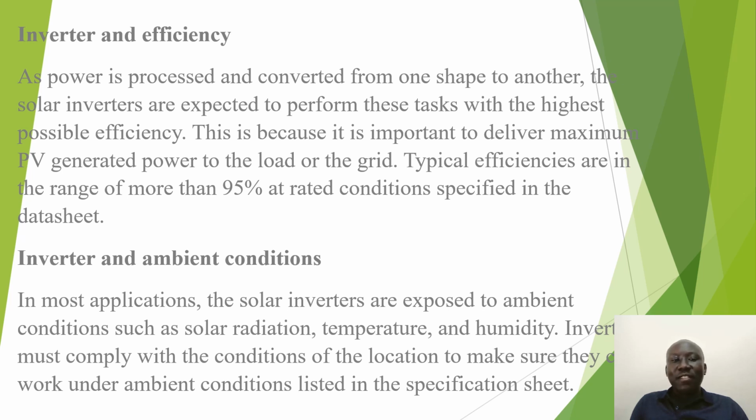Inverters must comply with the conditions of the location to make sure they can work under the ambient conditions listed in the specification sheet. So when you are choosing your inverter, you have to choose it according to the conditions where it is going to work.